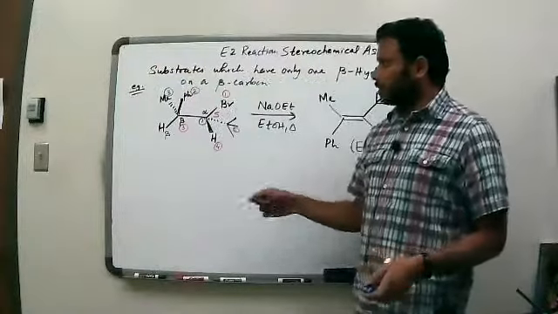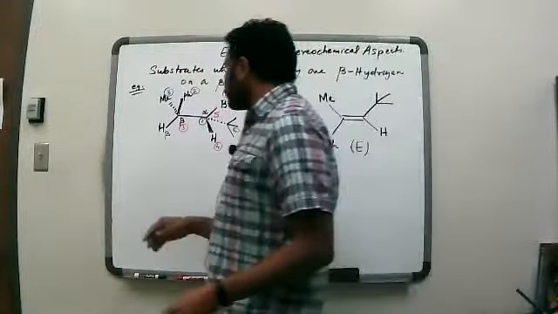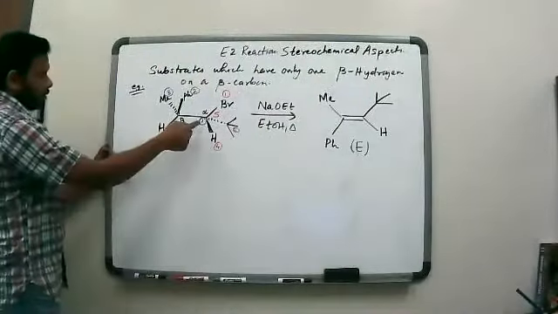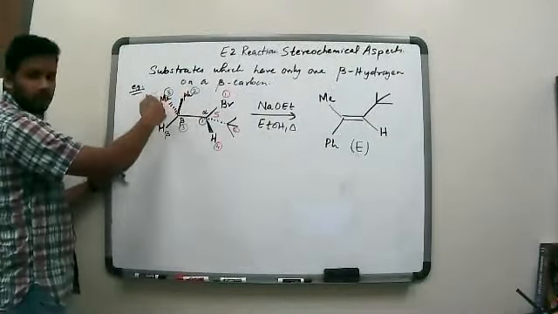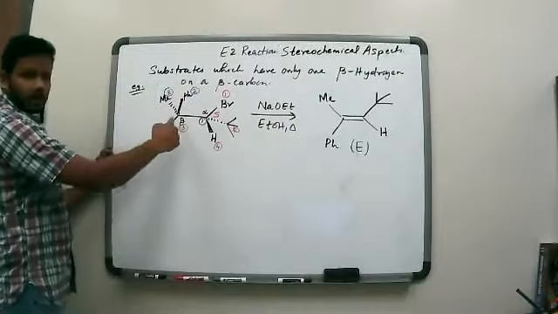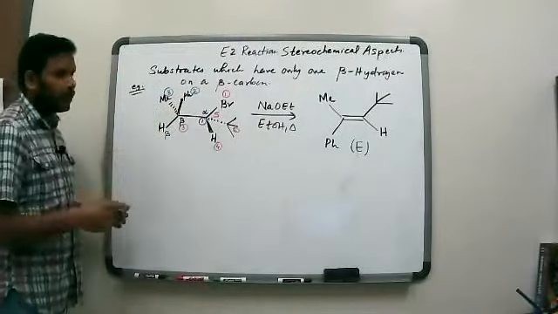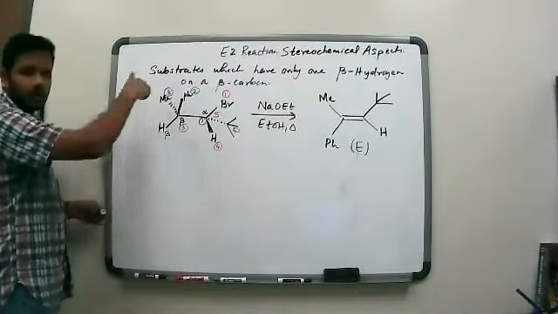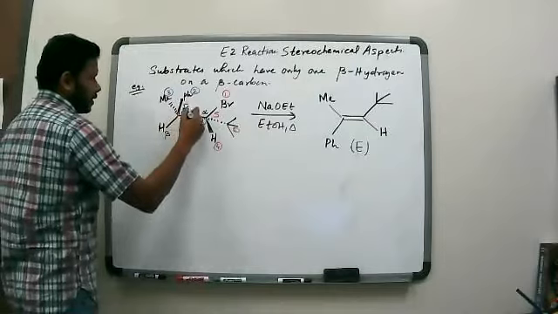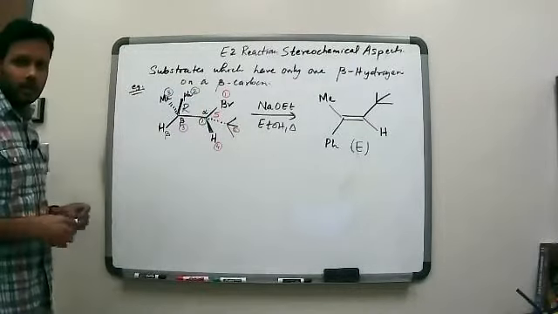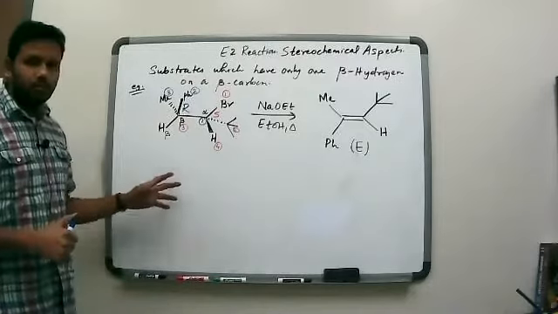You might want to try this out. Well, it's fine. Let's just do it this way. 1, 2, 3. This is counterclockwise with the H beta pointing towards us. So this is an R configuration. So that's the configuration of the two chiral centers in our starting material.